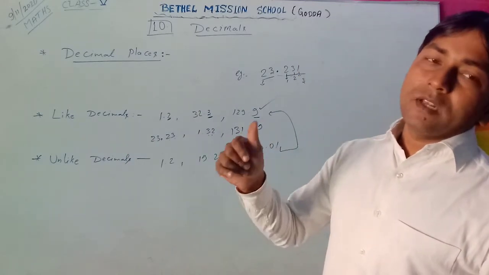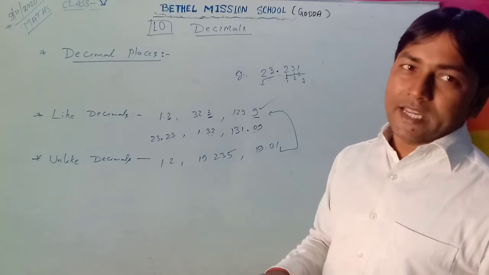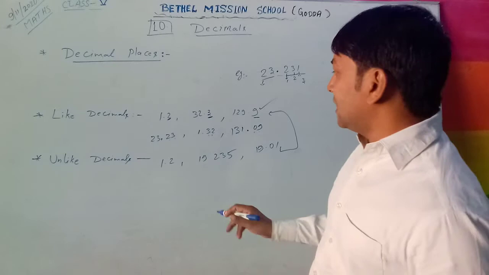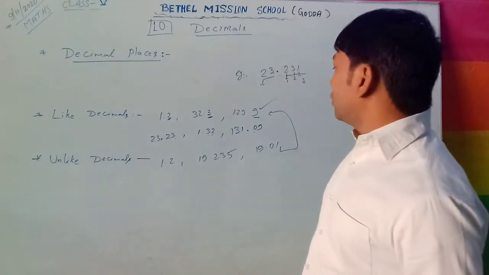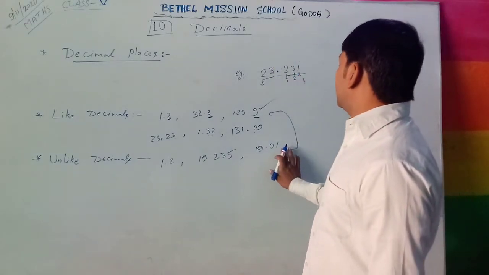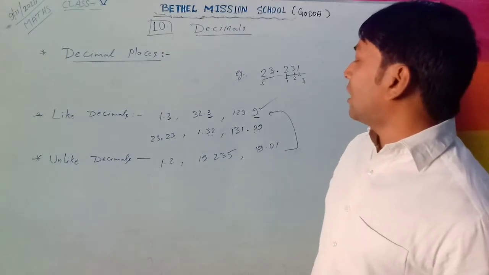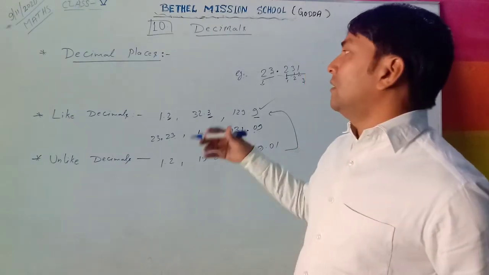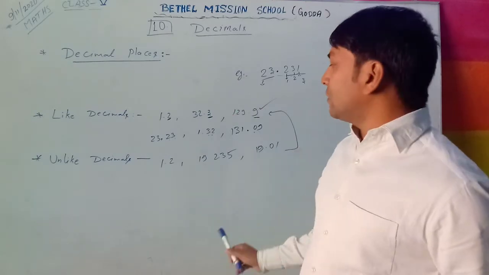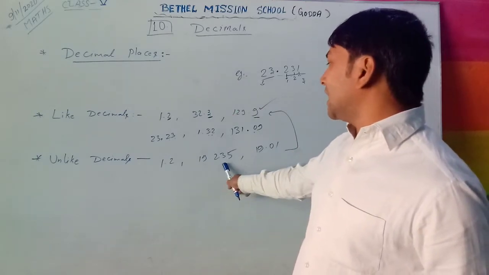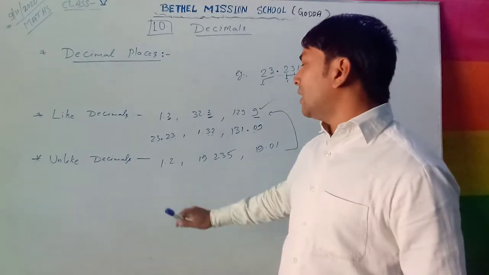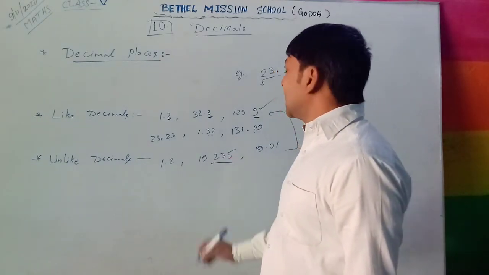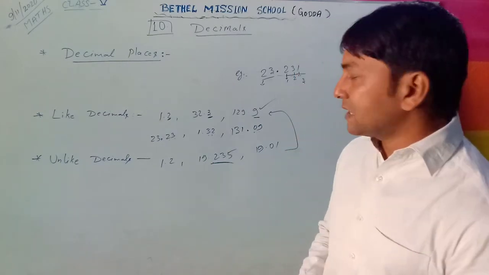If the decimal places are equal, then they become like decimals. Suppose this one. You have to find out the maximum number of decimal places given. Which one is the maximum? Here 1, here 2, and 3 decimal places is the maximum.